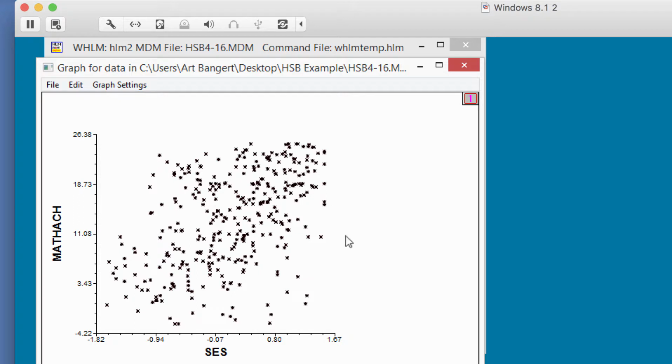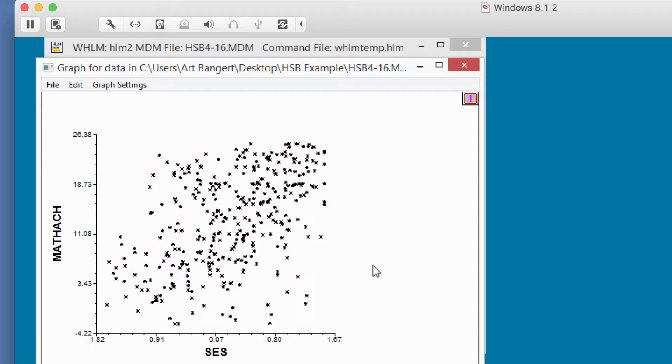This scatter plot shows quite a bit of variability in SES and math achievement. You can see that we have schools that have high socioeconomic status and high math achievement, and we also have schools that have low socioeconomic status and low math achievement.